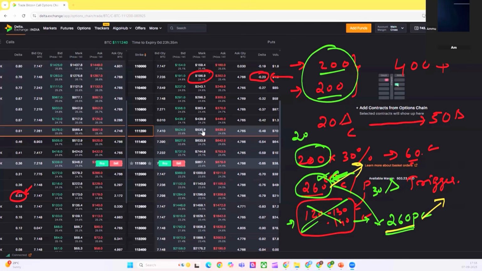So what do you need to do? Simply, the one which moved 30%, what is 30% of 260? It's going to be around 80, approximately 80. So 260 plus 52 is 312, plus 26 is 338.